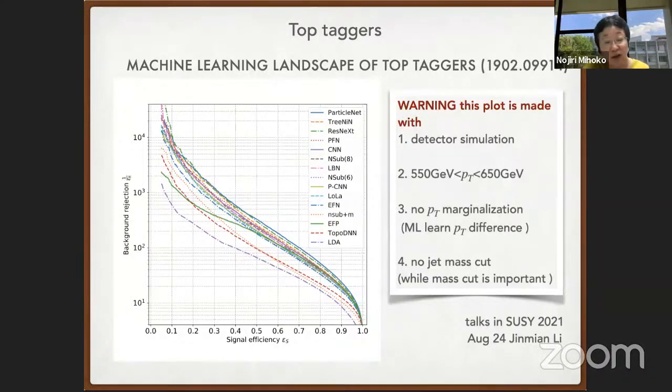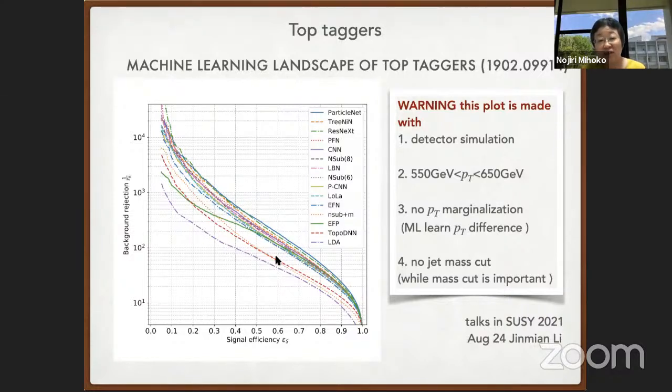On the right-hand side, the x-axis is the signal efficiency, and the y-axis is the background rejection factor. So if you go higher, you have a very nice power to reject the background.